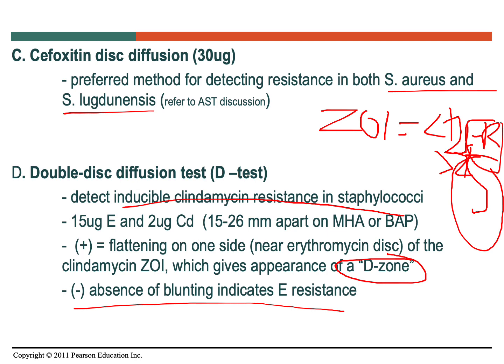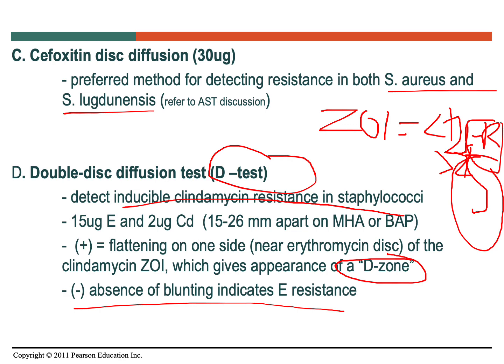So if the erythromycin is resistant, automatically check the clindamycin susceptibility as well. If the clindamycin is sensitive while your erythromycin is resistant, then you need to perform the D test. Okay?